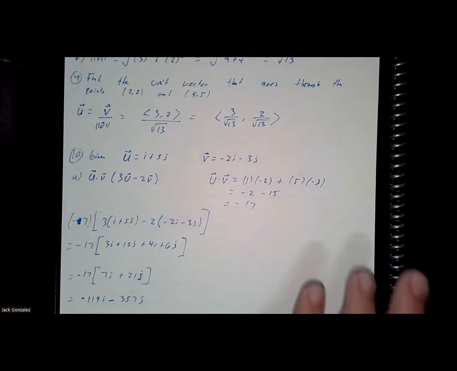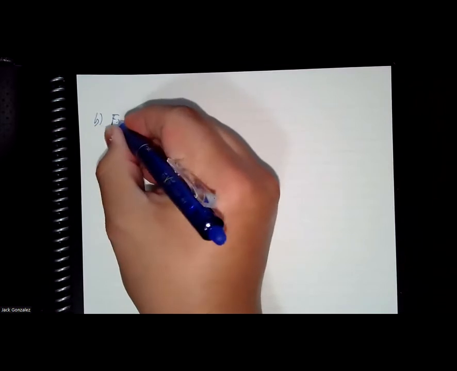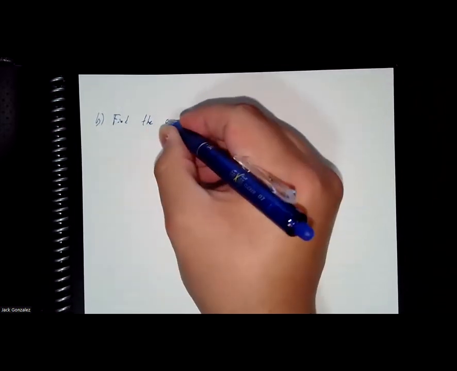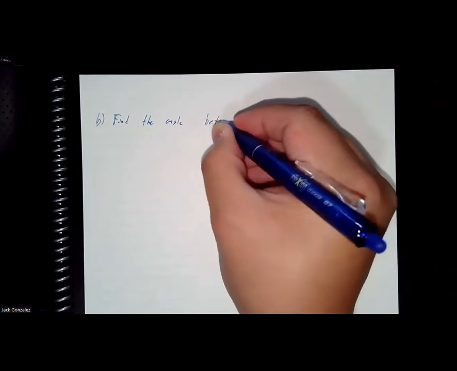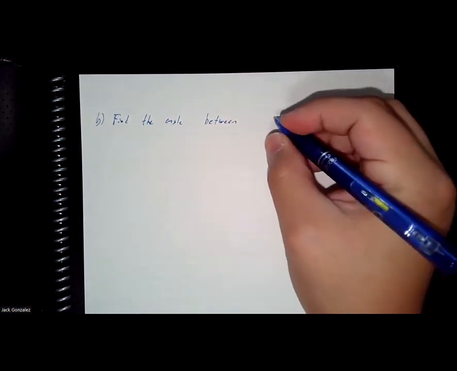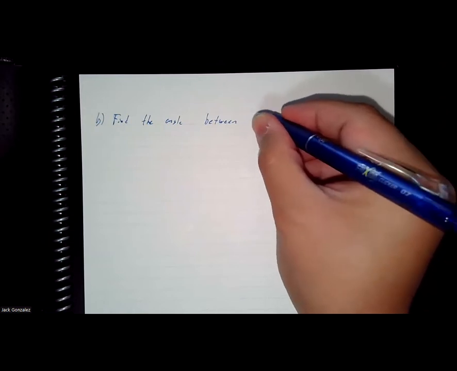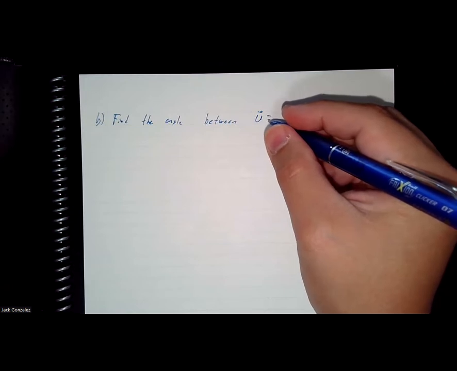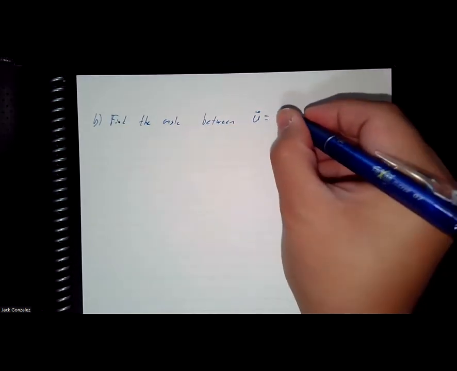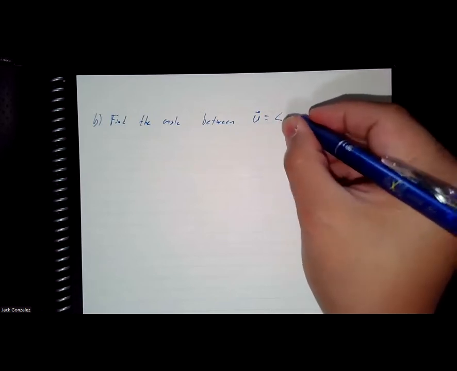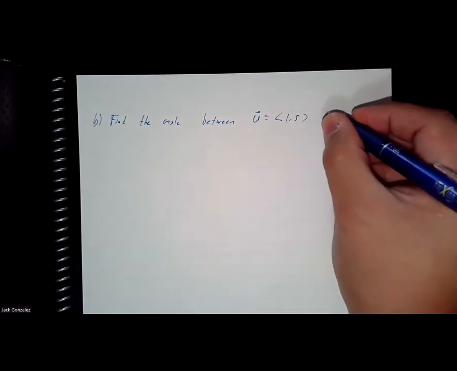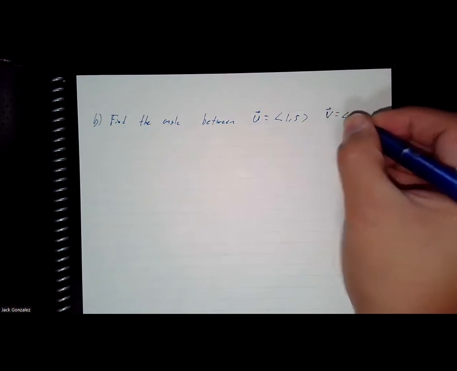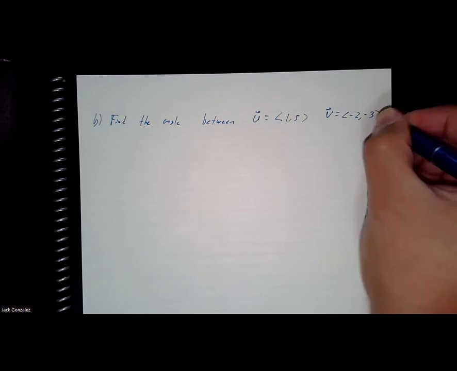So part B. Part B is find the angle between u equal to 1, 5, and v equal to negative 2, negative 3.